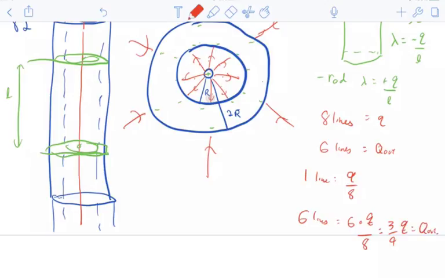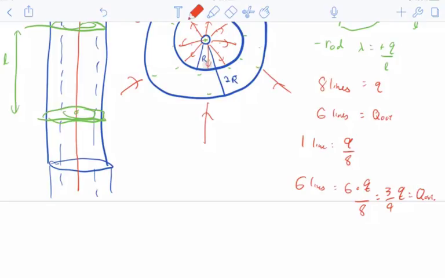So lambda outside is equal to 3 over 4 times lambda inside. We determine that ratio just by looking at the number of charges, counting the number of lines.